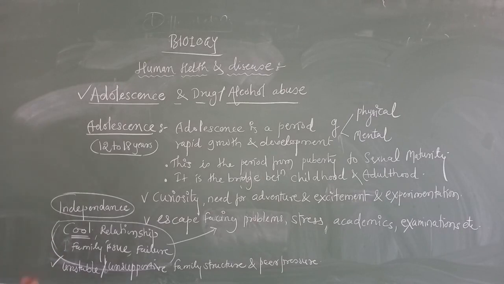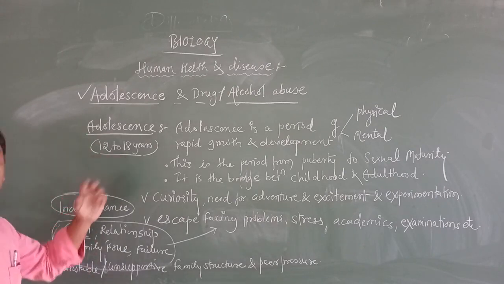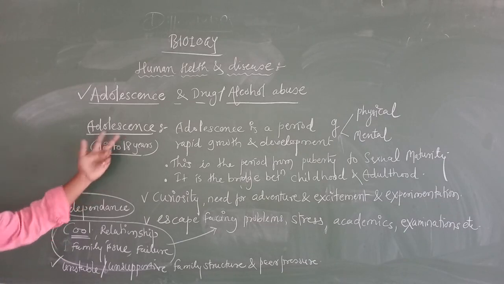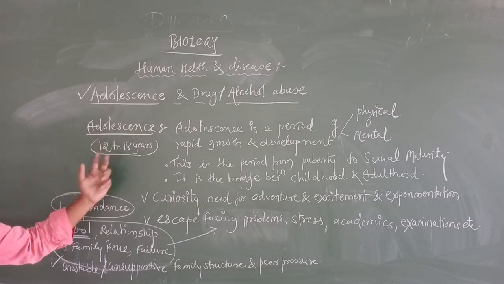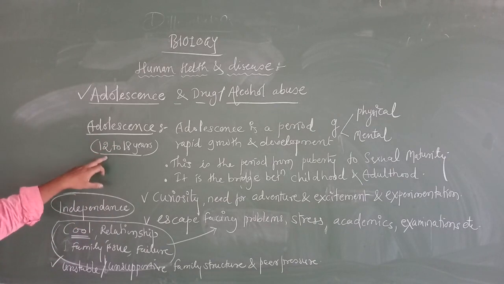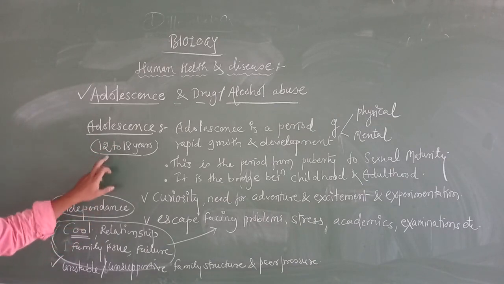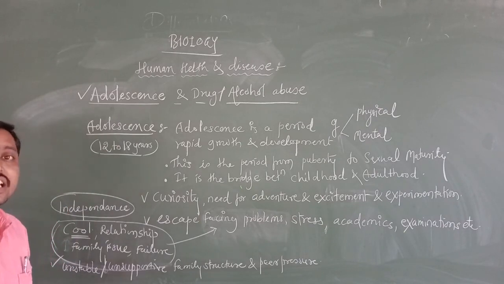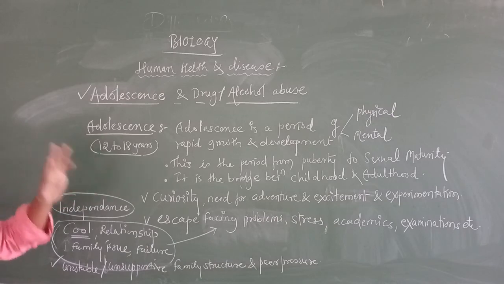The age group we call adolescents is 12 to 18 years. This age is mentioned in your NCERT book. If the question arises in CTET, you take only 12 to 18 years.